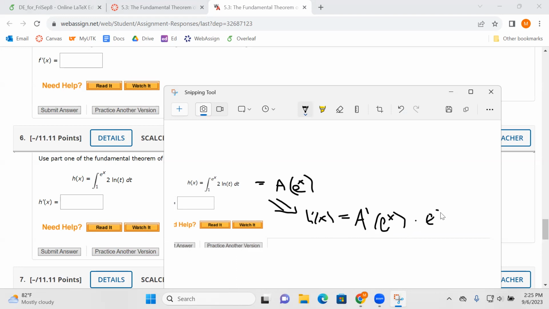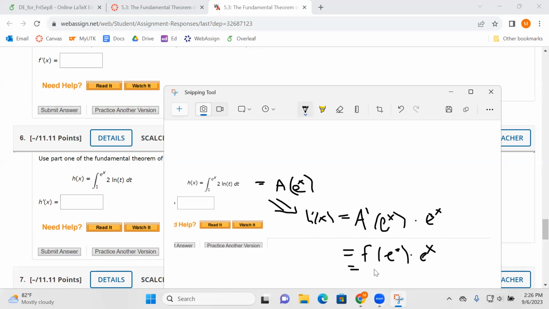Why e to the x here? This is the derivative of e to the x. This is using the chain rule. And what is a prime of e to the x? Well, a prime is just the function on the inside. So really this would be just f of e to the x times e to the x, and f of e to the x is just 2 ln of e to the x.